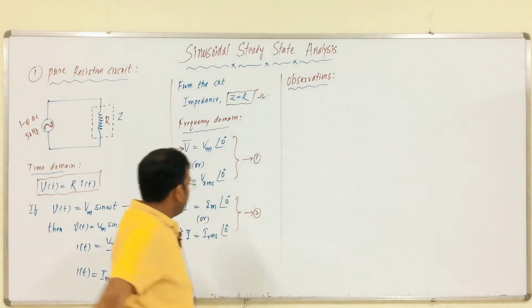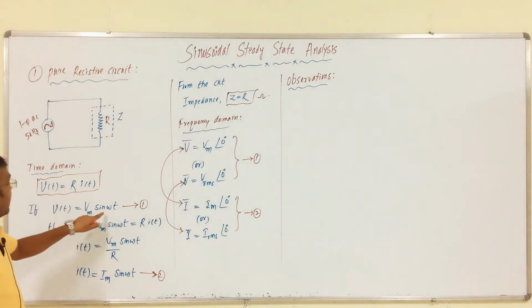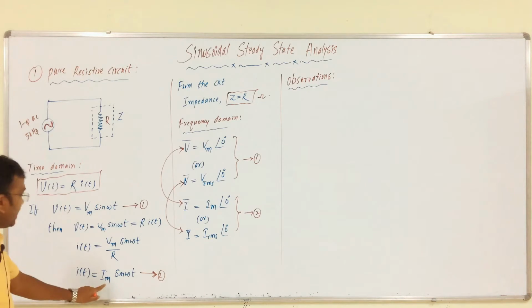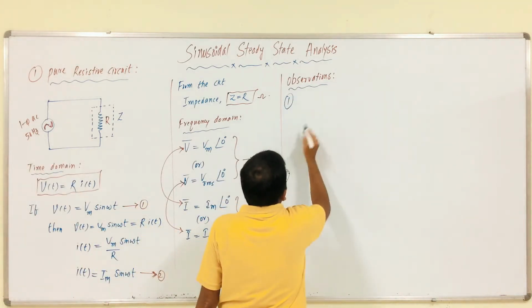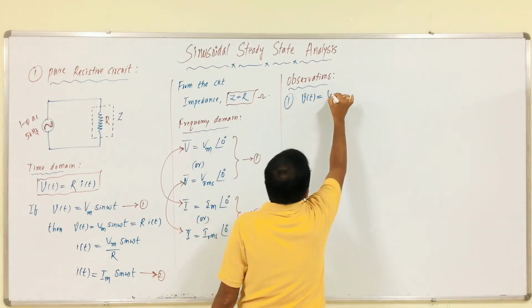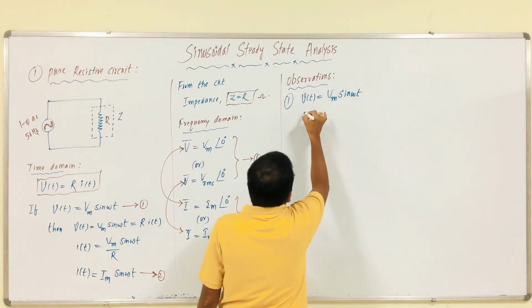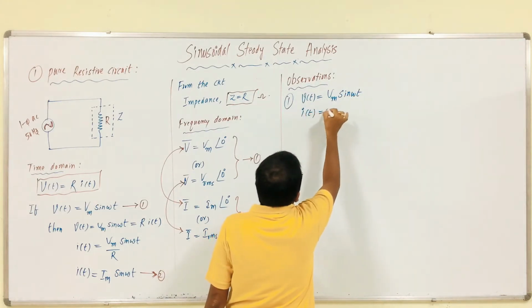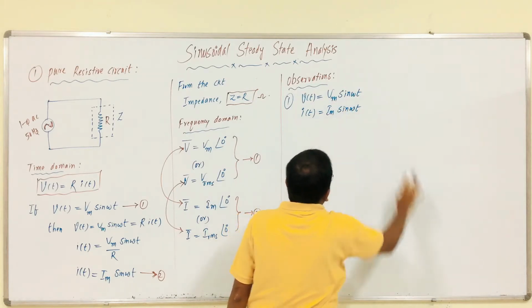Clear? See, what is the voltage? Vm sin omega t. Current is what? Im sin omega t. First observation, with respect to time domain: instantaneous value of voltage is Vm sin omega t, like that current is equal to Im sin omega t.